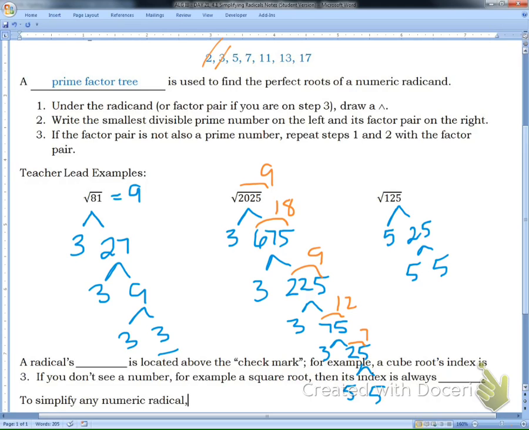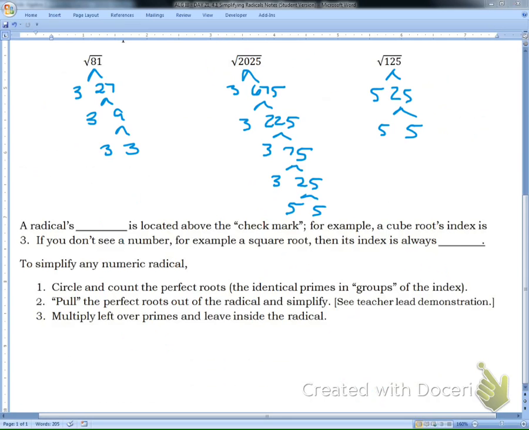In your next blank, a radical's index is located above the check mark symbol of the radical. For example, when you have a cube root, like cube root of 27, that little number that's above that check mark is the index.